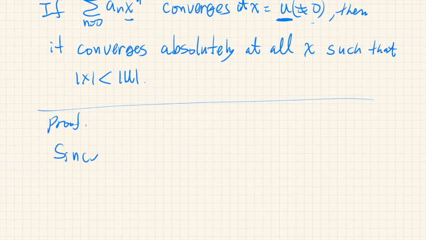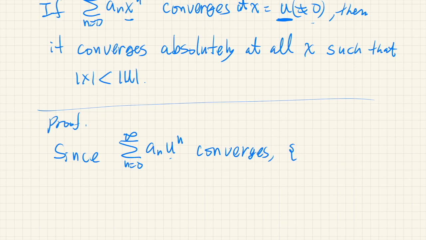Okay, by assumption, since this series, the sum of a_n u to the power of n, where u is some concrete real number, converges, that means this sequence a_n times u to the power of n, which is a real number for each n, converges to 0, according to a theorem we have already proved.